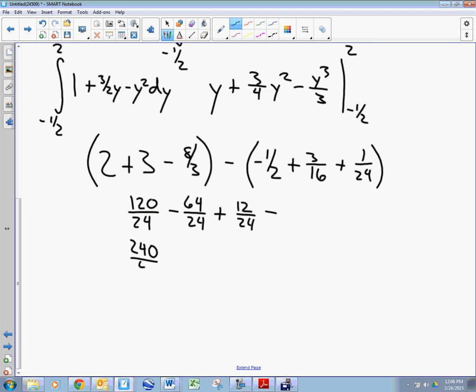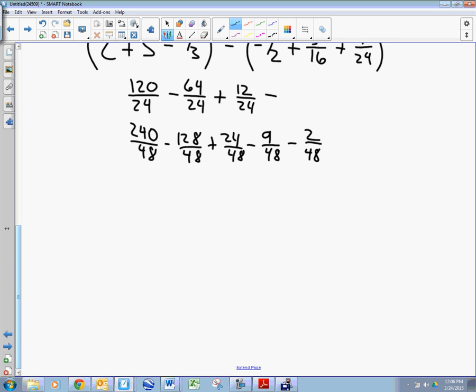Sorry, 240 over 48 minus 128 over 48 plus 24 over 48 minus 9 over 48 minus 2 over 48 because I have to distribute the negative. Oh, there we go. 240 minus 128.